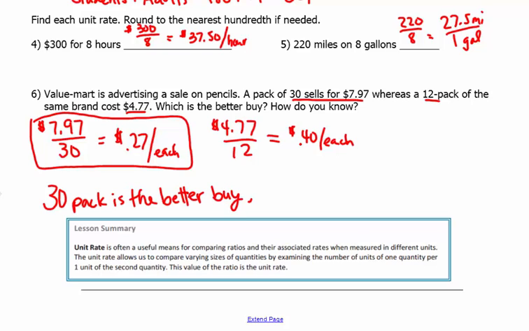And then it asks, how do you know? Because it has a cheaper unit price. Not always do you get more for less. So sometimes, the more you buy, the cheaper it is. Sometimes that doesn't always happen.